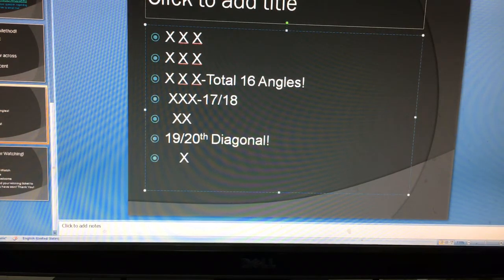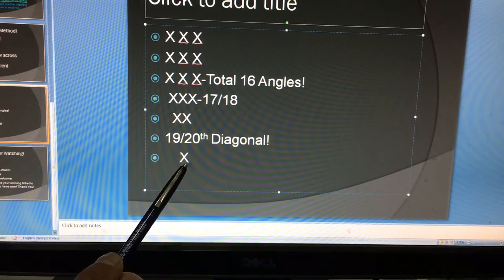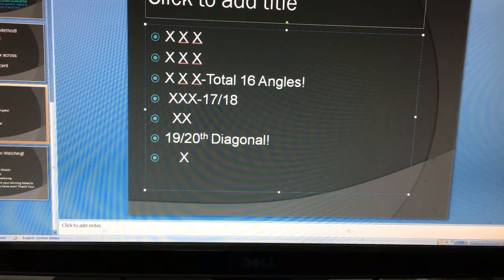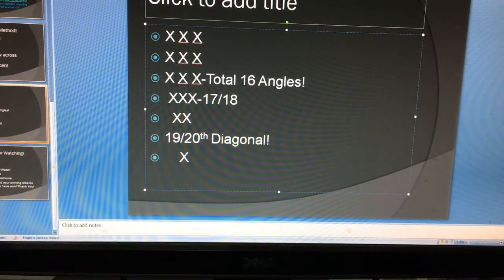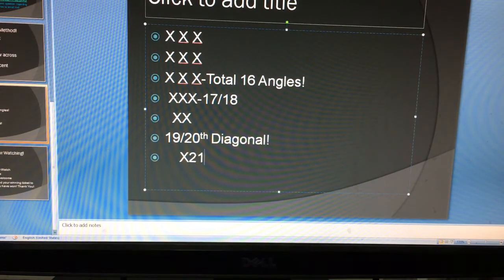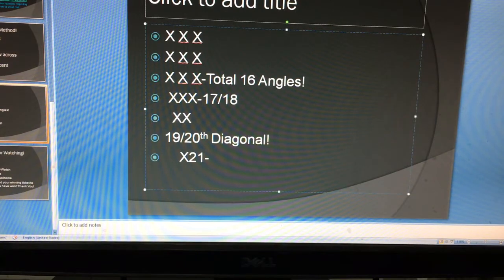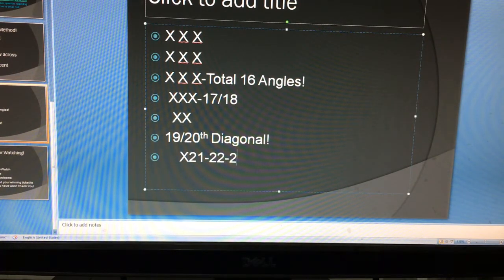And your 21st angle would be this going up, this going up, and this going up. So your 21st, 22nd, and 23rd angle.